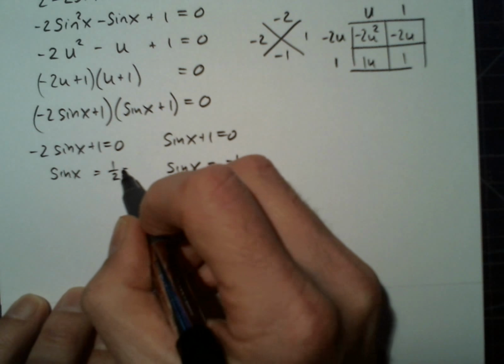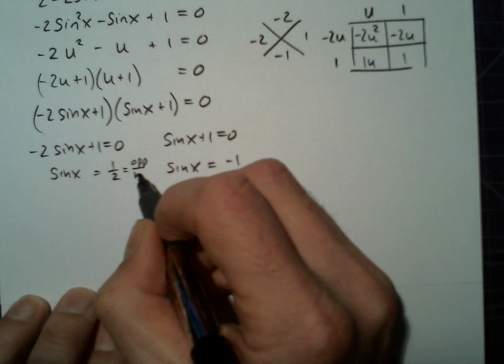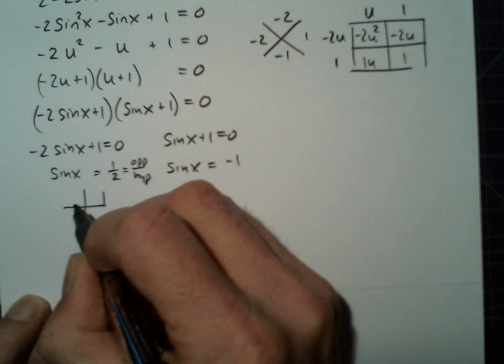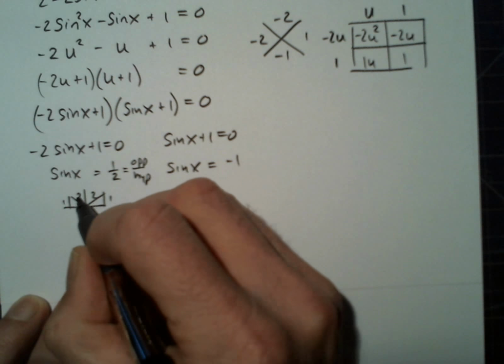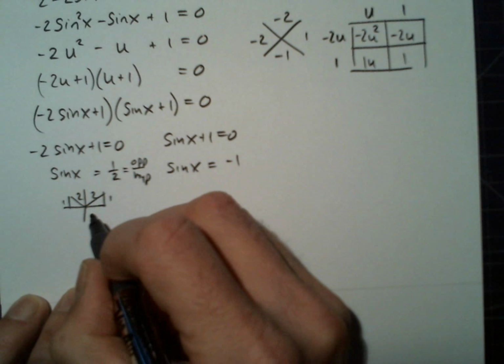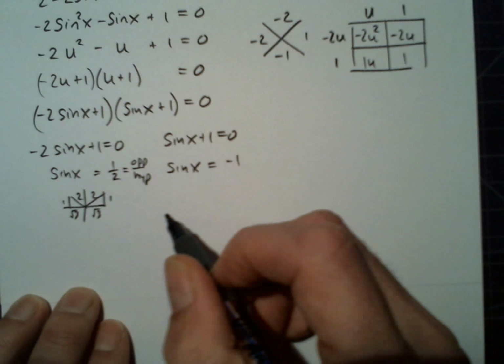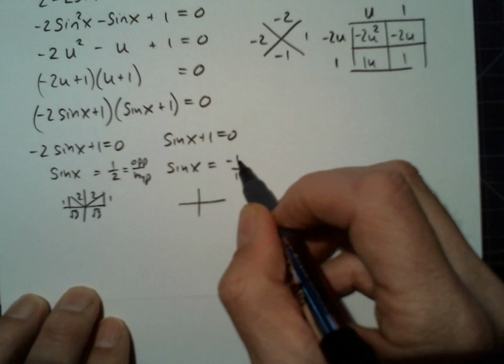We want to know where we have the opposite over hypotenuse is positive. The opposite is a 1. Hypotenuse is a 2. And then we can see that that's going to be a 30-degree triangle. Over here we have negative 1.